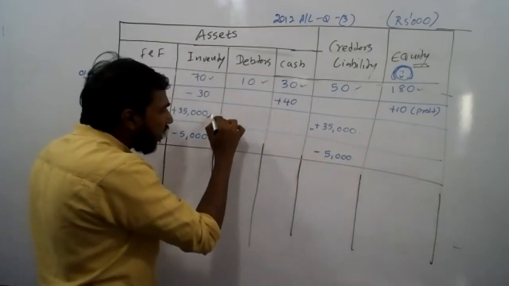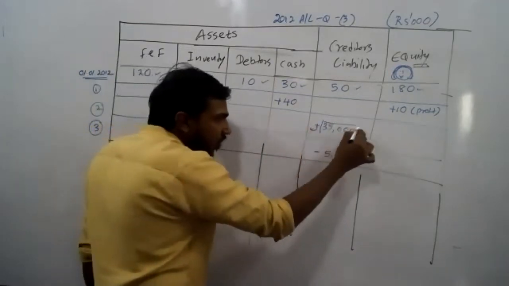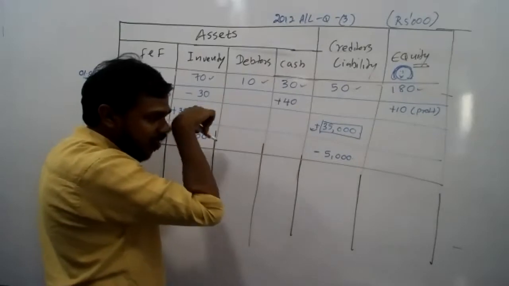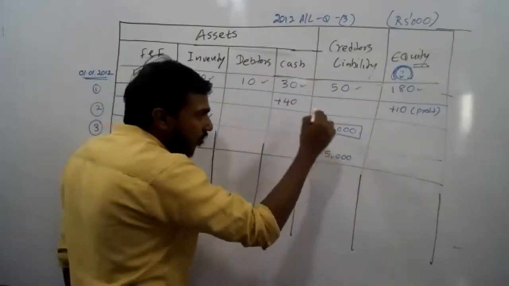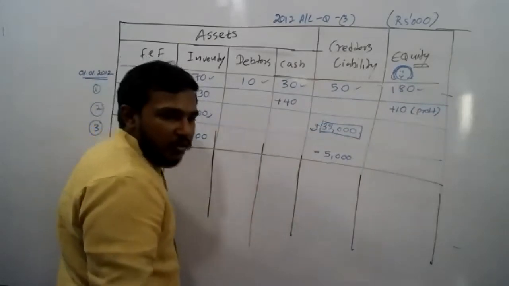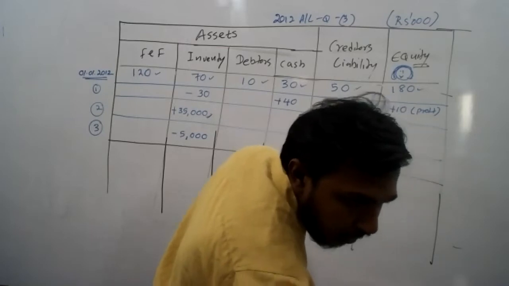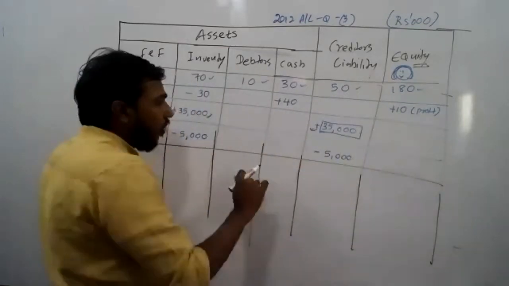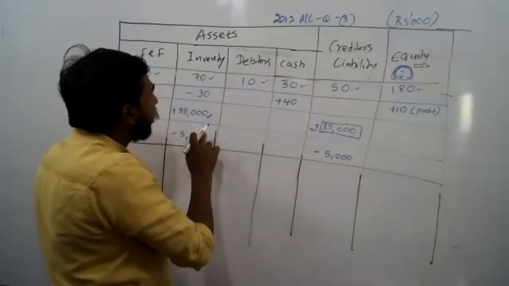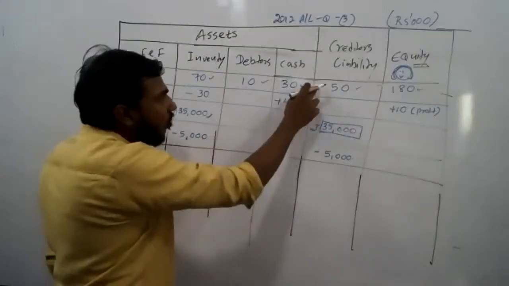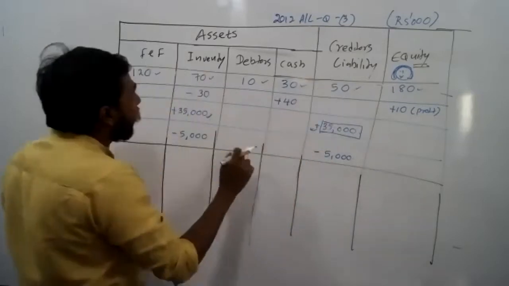Earlier you purchased 35,000 of goods, and you are committed to pay 35,000 to the creditor because you purchased on credit basis. But now you are not committed to pay 35,000, because you have already returned some of the goods.